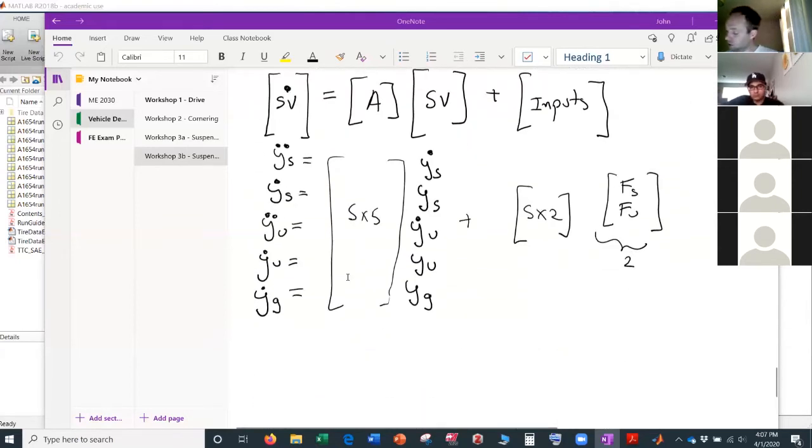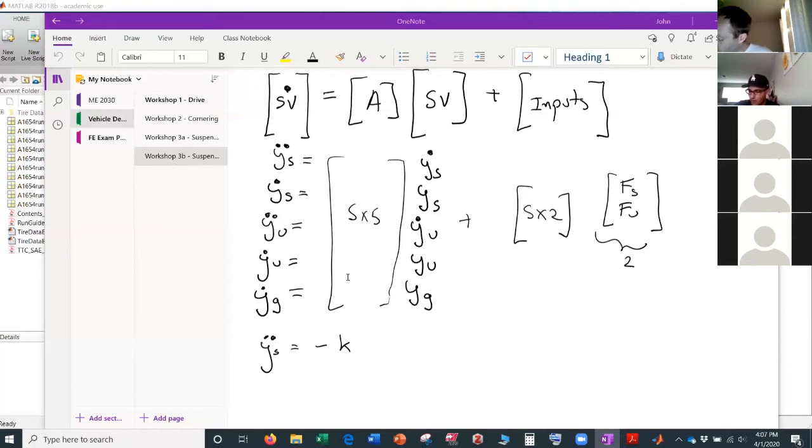So our y double dot of the sprung mass is going to be equal to all of these forces. It's going to be equal to minus the stiffness of the wheel.